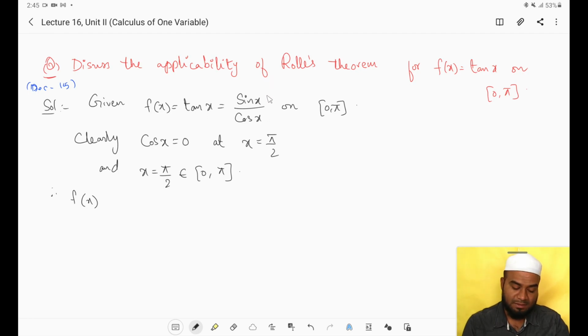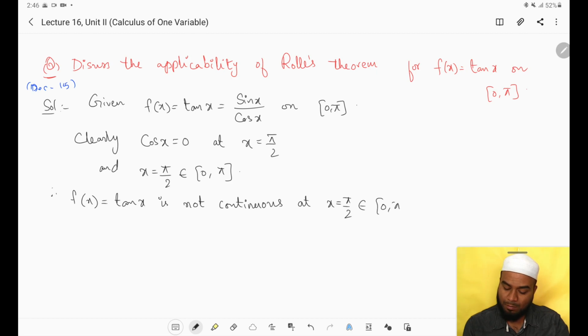So f of x equals tan x is not continuous, or discontinuous. The function f of x equals tan x is not continuous at x equals pi by 2, which belongs to the closed interval 0 comma pi. Therefore, we cannot apply Rolle's theorem for this function also.